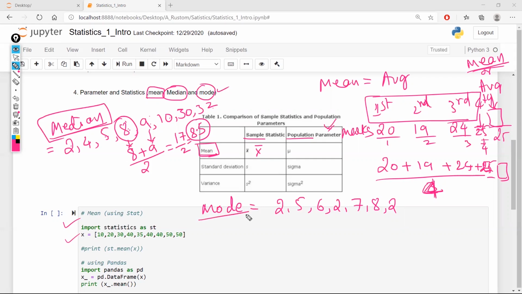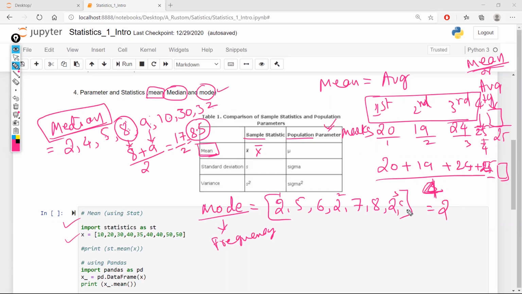It is basically a frequency. So in this case, which number is occurring more number of times? 2 is occurring more number of times: 1 time, 2 times, and 3 times. So the mode is basically 2.